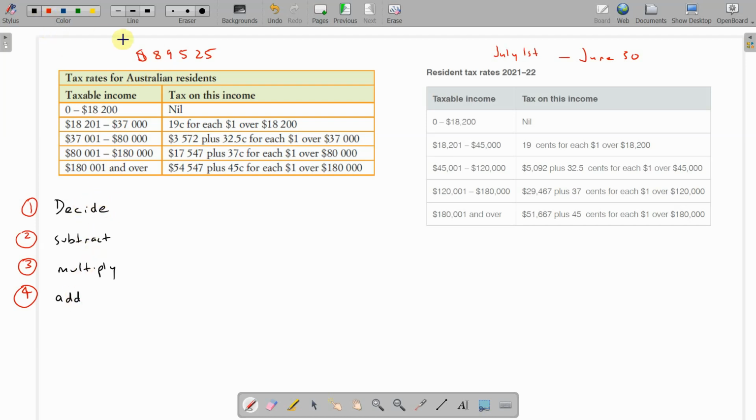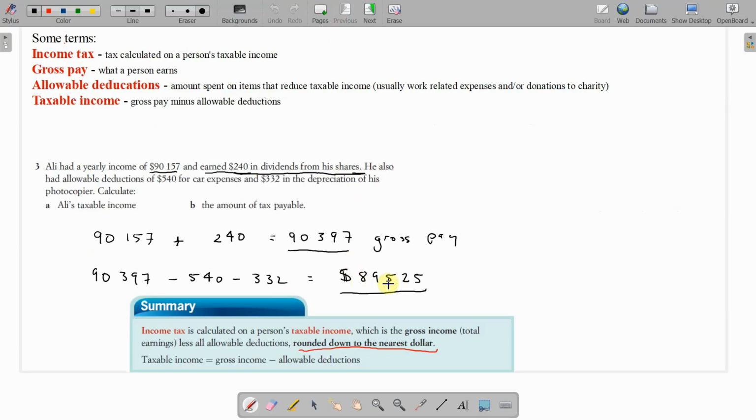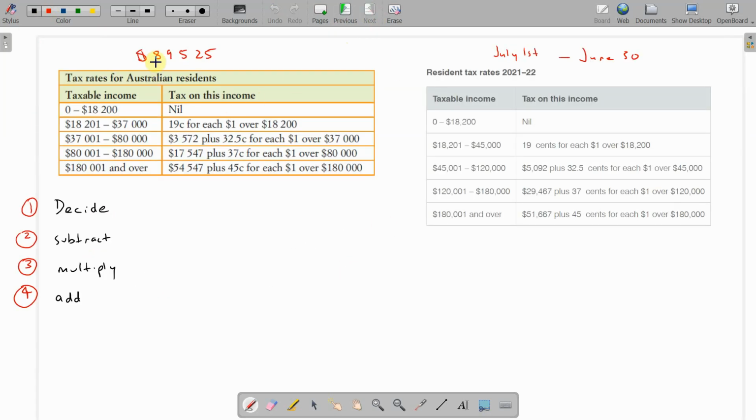So what are we going to decide? Well, here's our taxable income from the previous page. We have to decide which row our calculation is coming from. Because 89525 is more than that but less than that, it falls in between those two, that's our row.